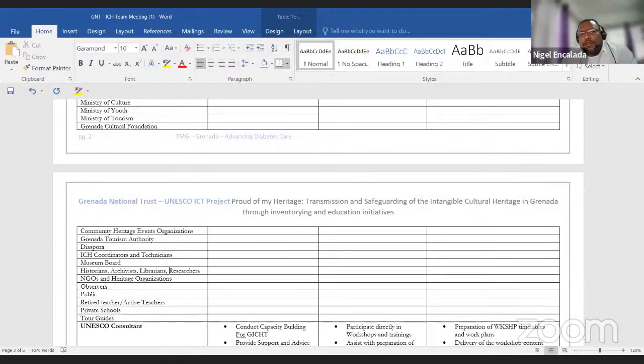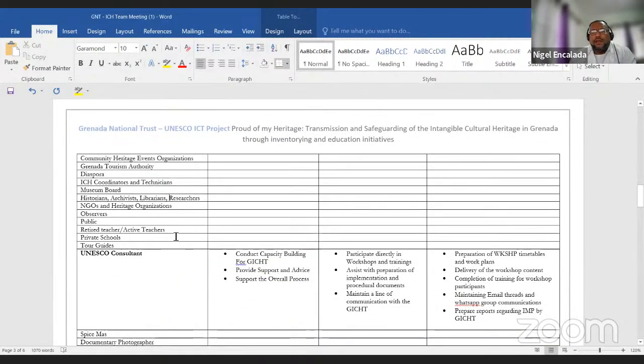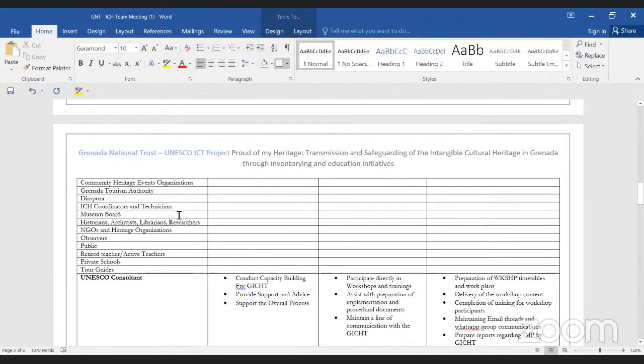Do you have any anthropologists? There's a random question. No. All right, so you have NGOs and heritage organizations. Hi, Nigel. Yes, I put it in the chat. Yes, I do for my research. I do engage anthropological methods in my research.